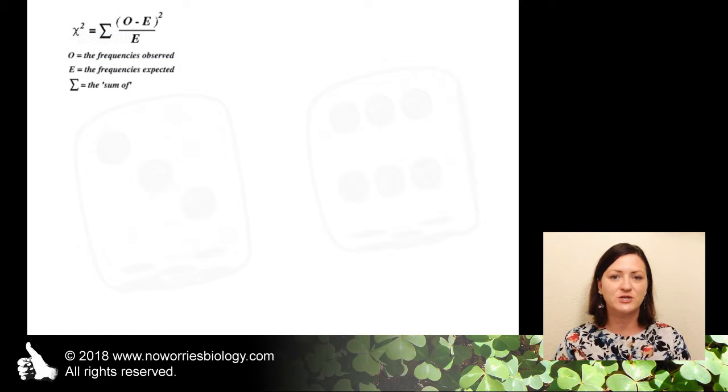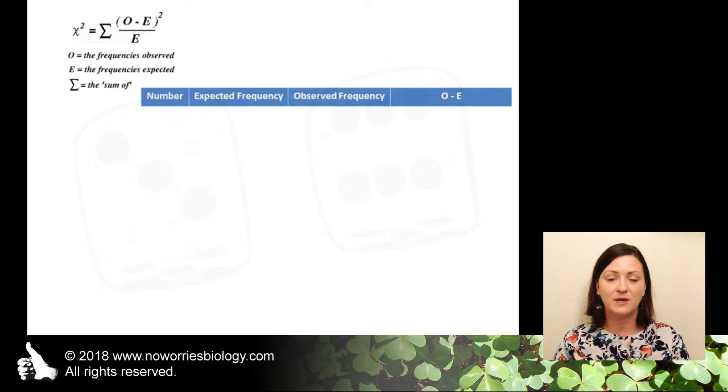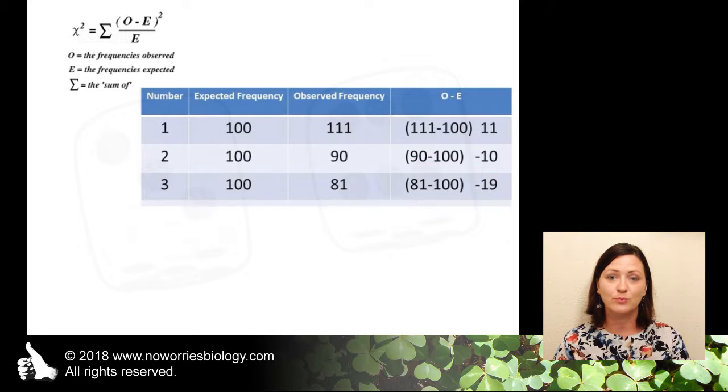This is where the before-mentioned formula for chi-square comes into play. It says chi-square equals the sum of the observed frequency minus the expected frequency squared divided by the expected frequency. Using the data table we have already created, this is easy to do.